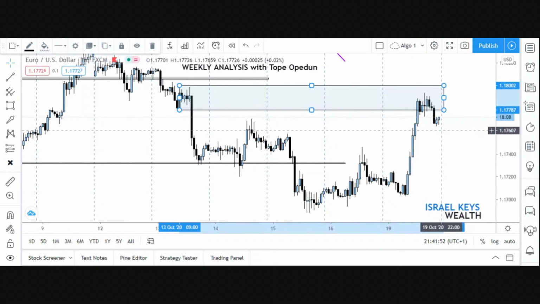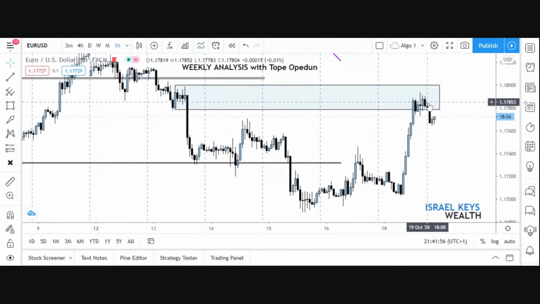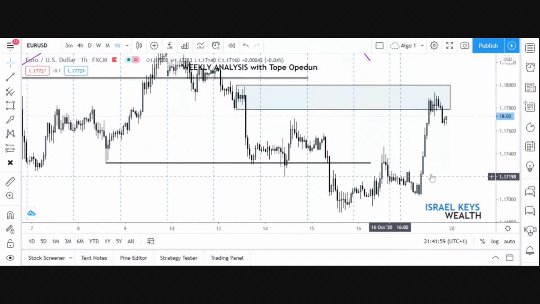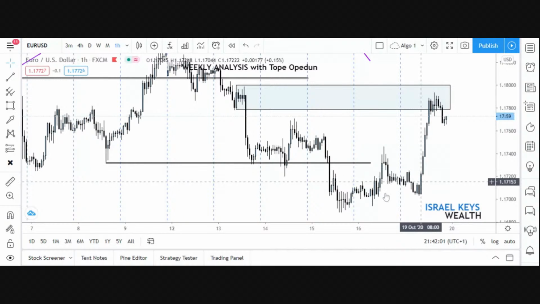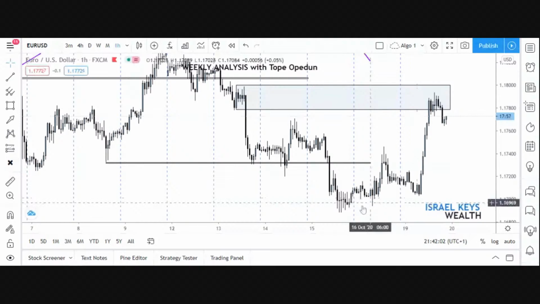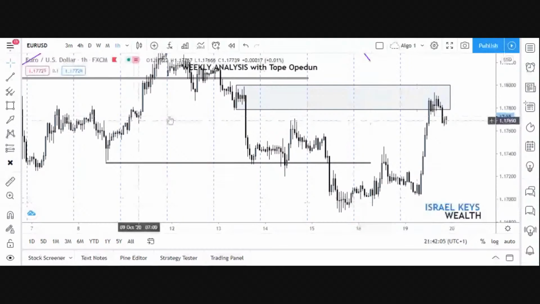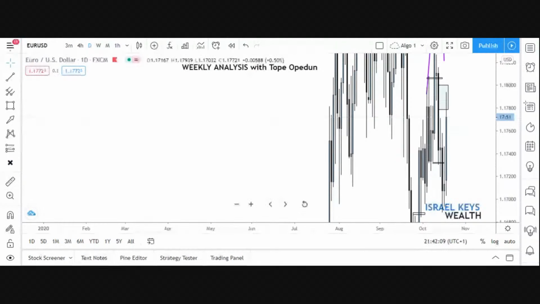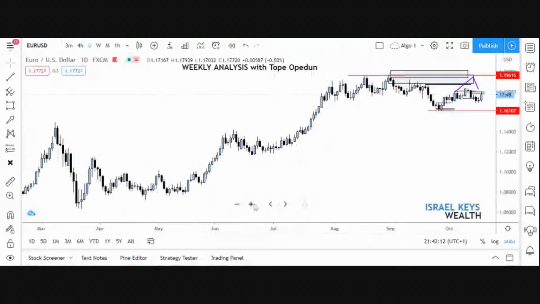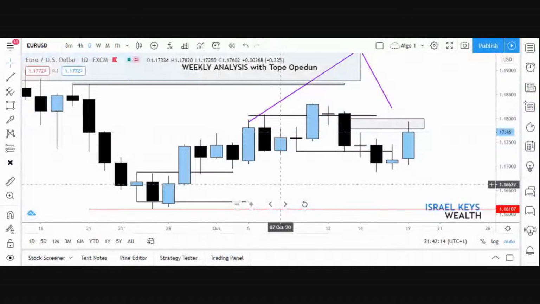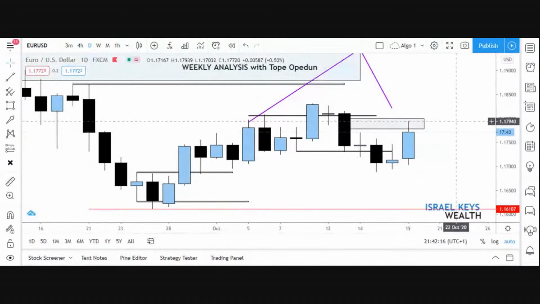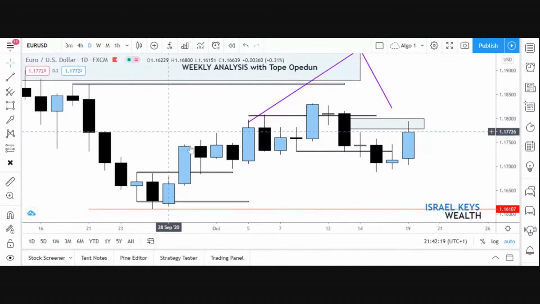So this could look like a nice trade down back into these levels, or to take out those lows that are quite close to each other. Let's go on the daily to see what they have there. Yeah, so the same thing like Aussie, very tempting tops here, but at the same time, price has to do what it has to do.